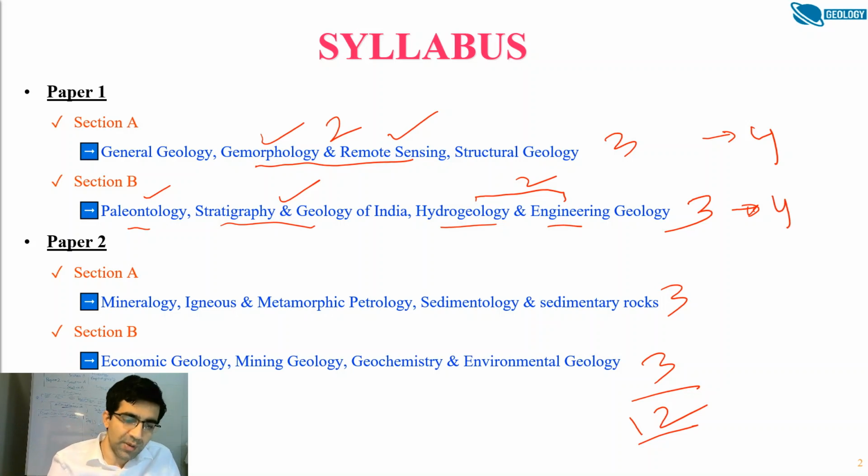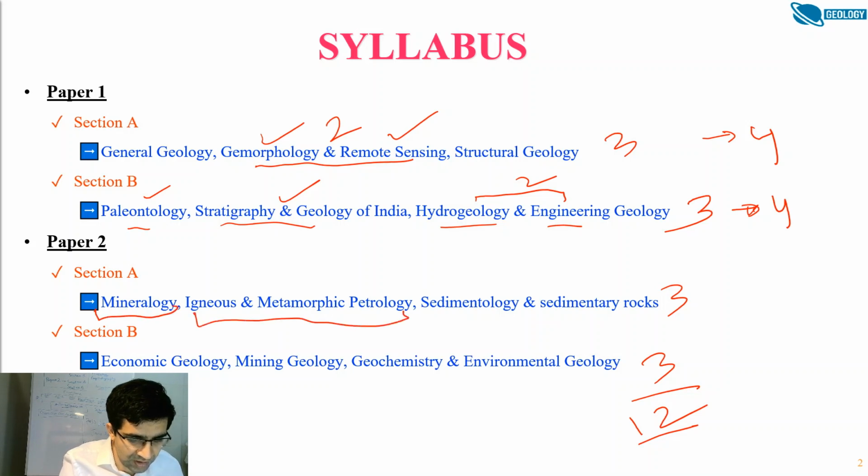Similarly, if you go to paper 2, in section A you see mineralogy, igneous and metamorphic petrology, and sedimentology and sedimentary rocks. So according to UPSC, again you have three subjects.